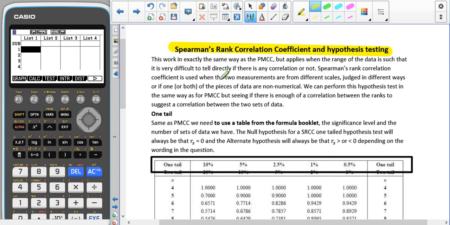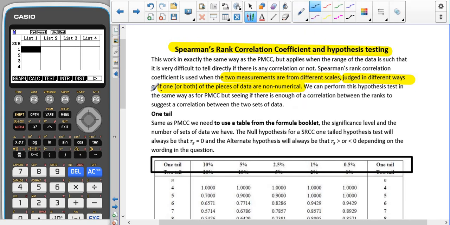Spearman's rank correlation coefficient is used when two measures are of different scales, judged in different ways. One or both of the pieces of data are non-numerical.